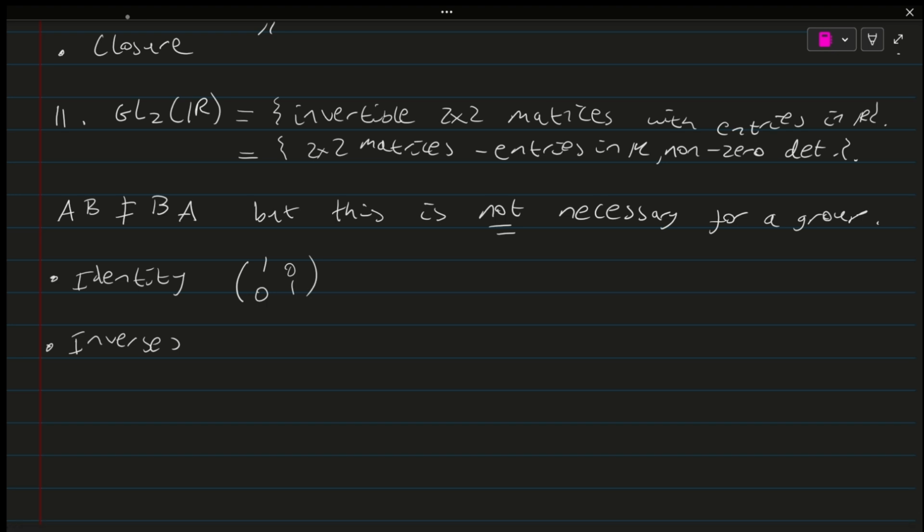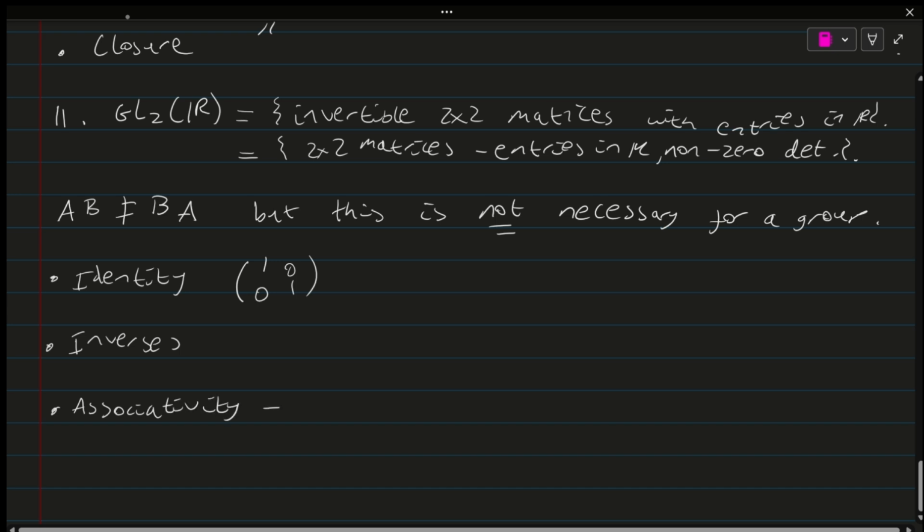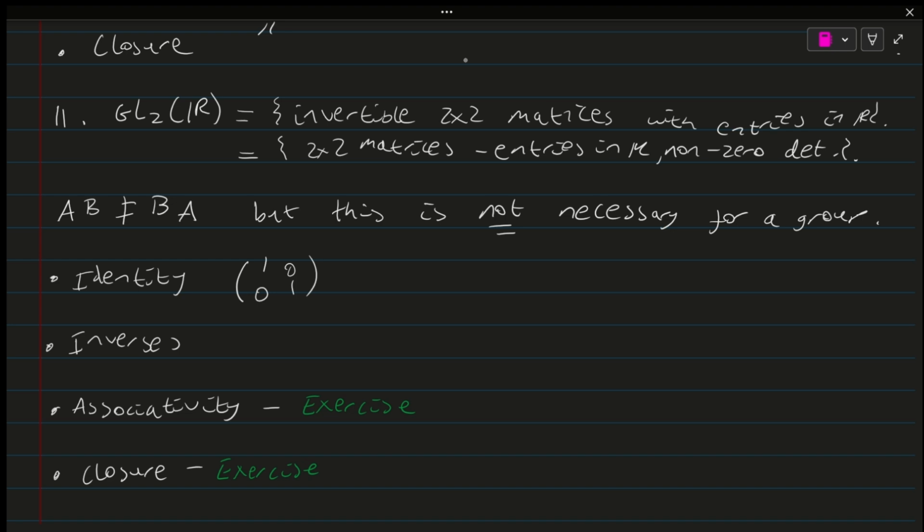And associativity I will leave as an exercise for you to check, along with closure. So you can check the details of that. The important point is that if you multiply matrices, the determinants multiply as well. So you're still going to get a non-zero determinant.